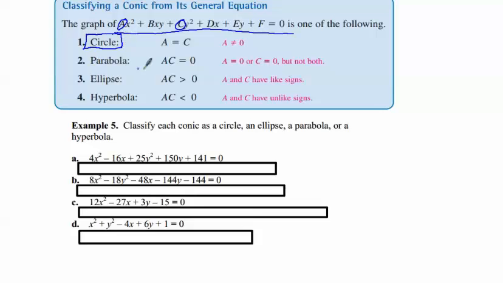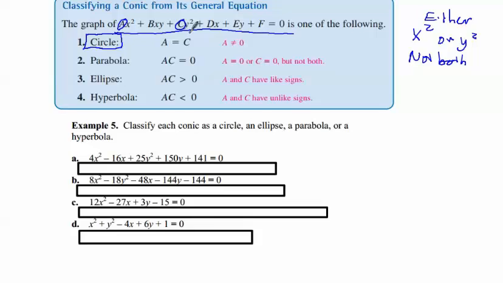Okay, parabola, AC equals 0. What that means is one of these terms is missing. So a parabola either has x squared or y squared, but not both. Okay? So one of these having a coefficient of 0 means that's not even there.